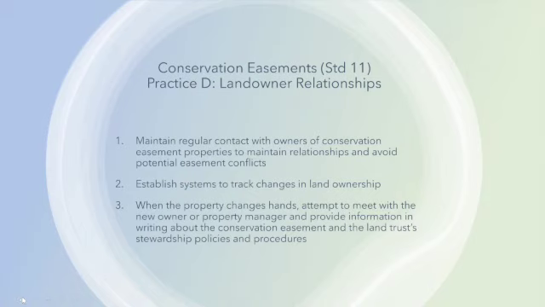Landowners aren't always upfront about that, but you might as well ask. And then typically what organizations can also do is check public records to make sure that there have been no transfers, and you can do that on a yearly basis, maybe right before you do your monitoring, just so you know if there's been a surprise transfer and there's a new owner.